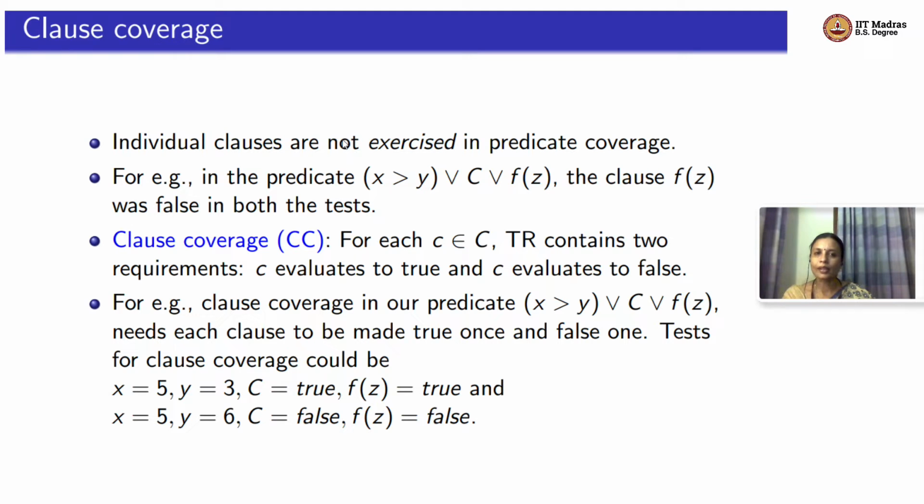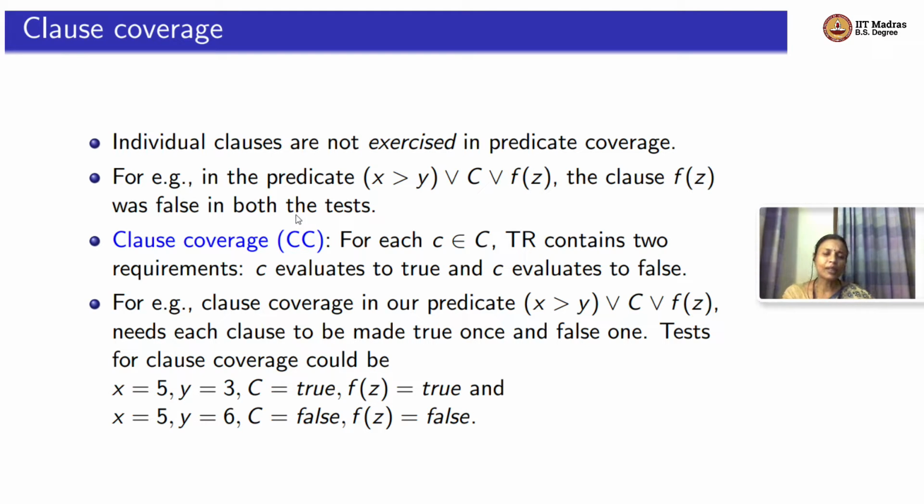Individual clauses don't get exercised. By exercised, we mean they don't get evaluated to different true and false values in predicate coverage. We can still achieve predicate coverage while an individual clause stays true or stays false. For example, in the predicate from the previous slide, in both the cases for predicate coverage, the clause f of z stayed as false.